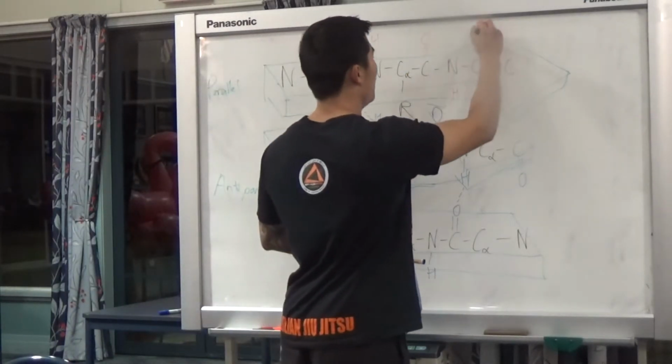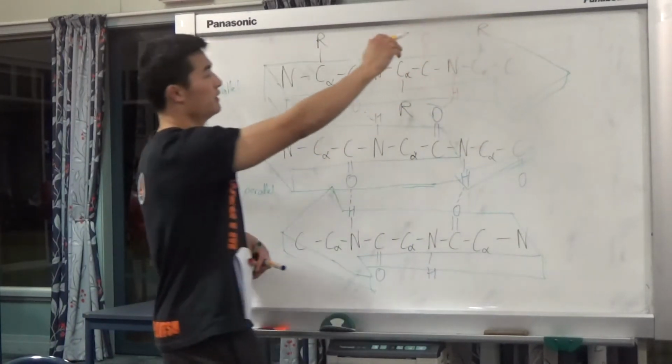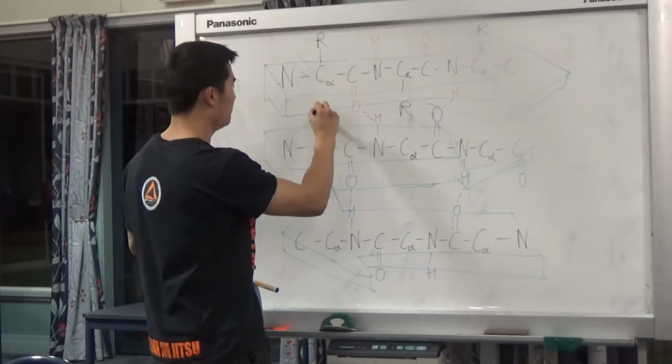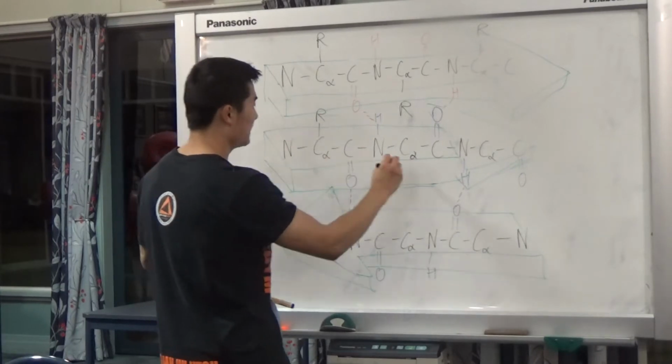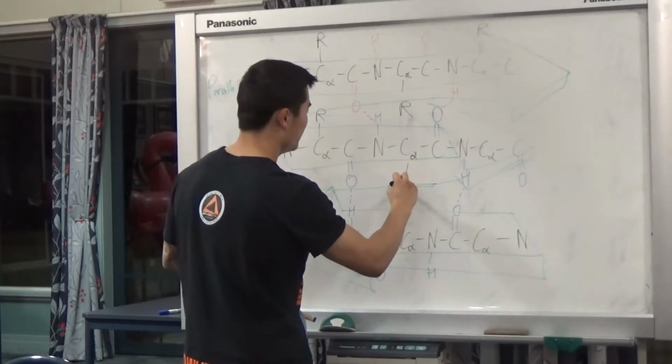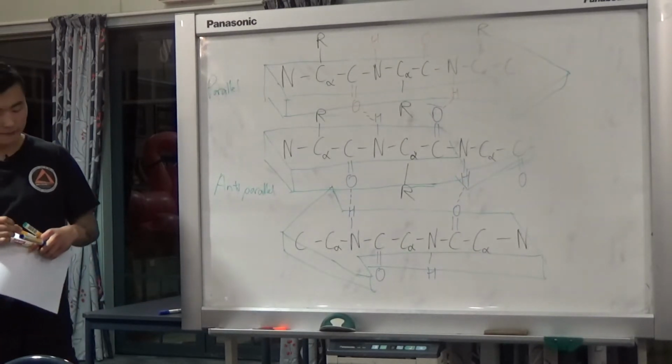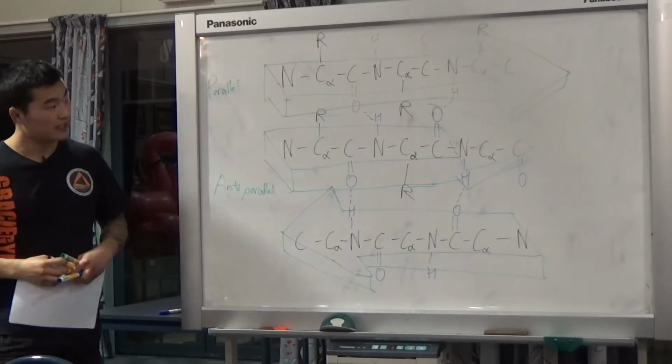And then the next one, the R group would be above the plane, and same here. So this R group here might be pointing upwards, while the next one here will be pointing below the plane of the sheet. Okay, and they'll always be alternating.